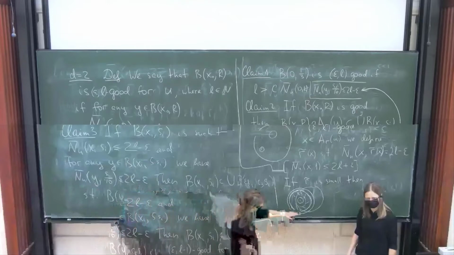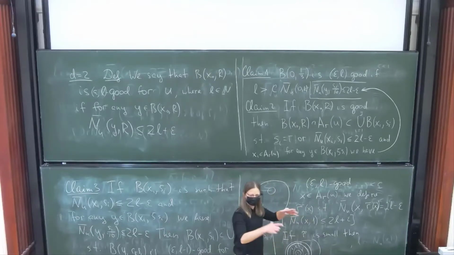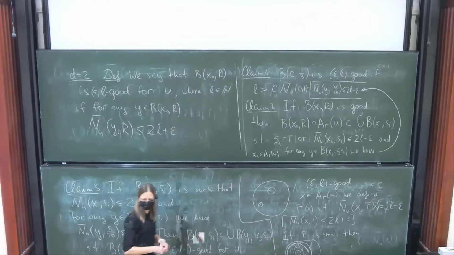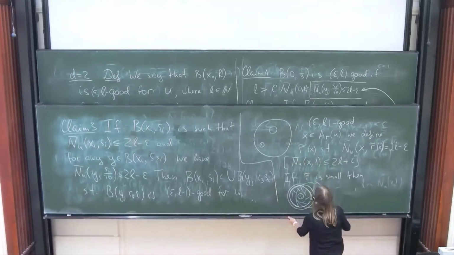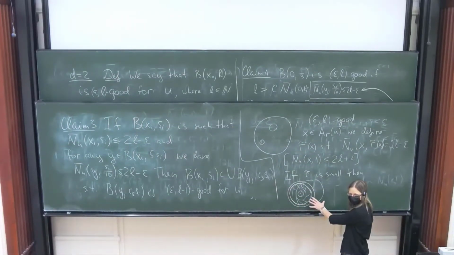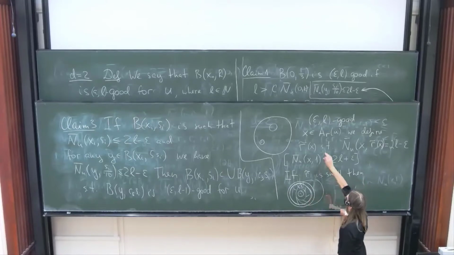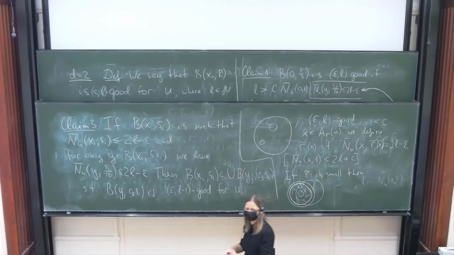And also, we don't care what happens if this R is smaller than our scale R. We always stop there. So what I'm trying to convince you of is the fact that we can cover this ball by finitely many balls, and each of them will be either on this scale R, small scale already, or we will have a good ball for the next integer.